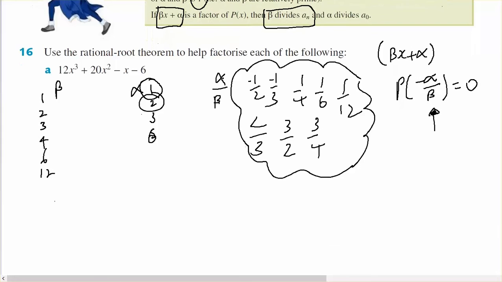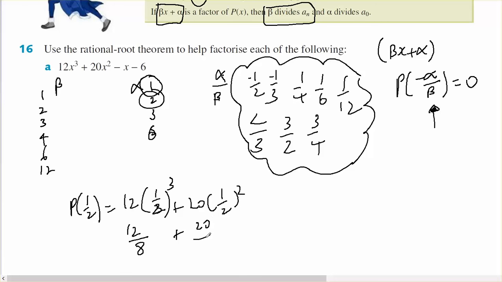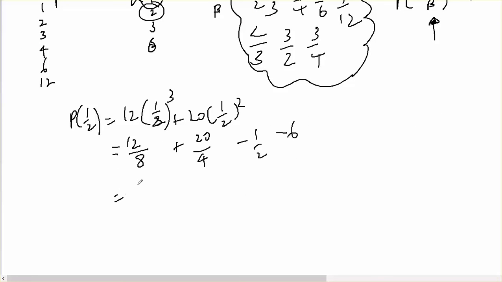So I'm going to try with p of a half. And p of a half will be 12 times a half cubed, which is 12 divided by 8, plus 20 times a half squared, which is 20 divided by 4, minus a half minus 6, which gives me 3 on 2 plus 5 minus a half minus 6, and that is 6 and a half minus 6 and a half equals 0.